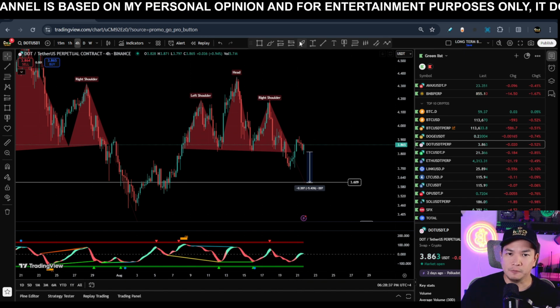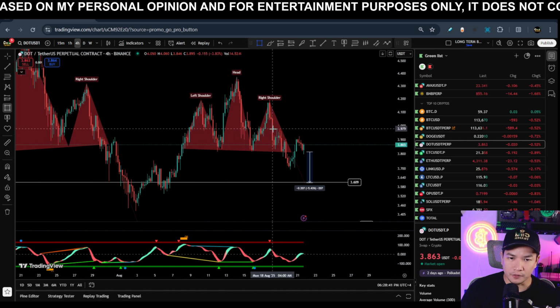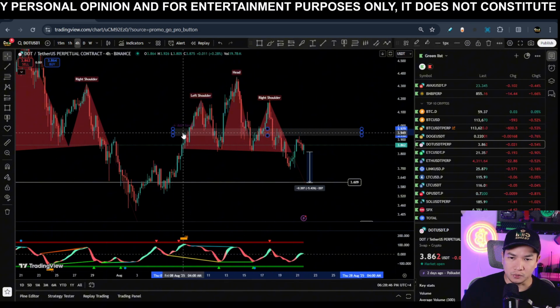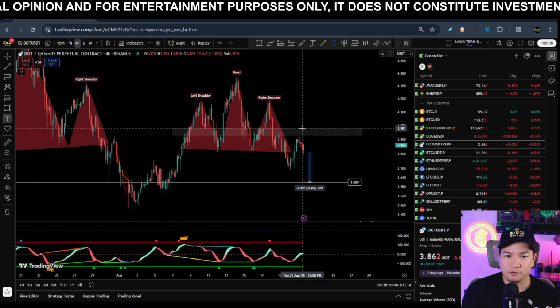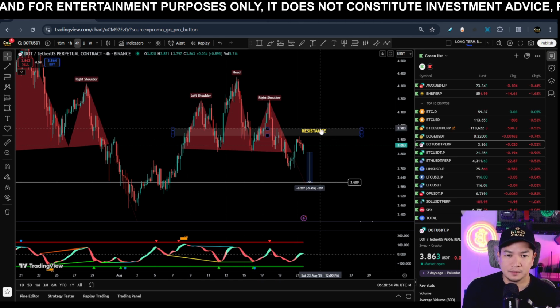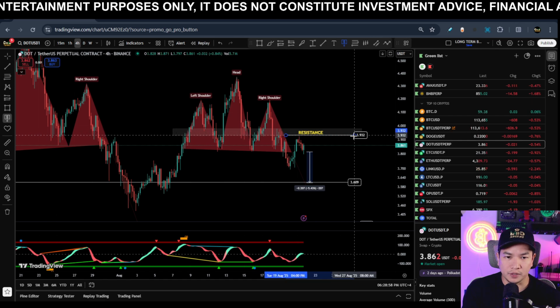So right now we have resistance on this level. So what you can see, we have these candle wicks right there. It's going to be the immediate resistance for Polkadot, guys.